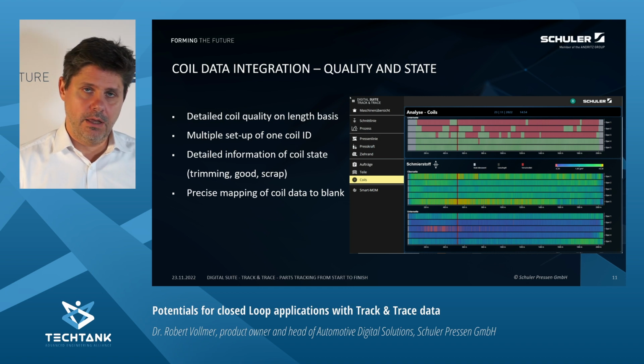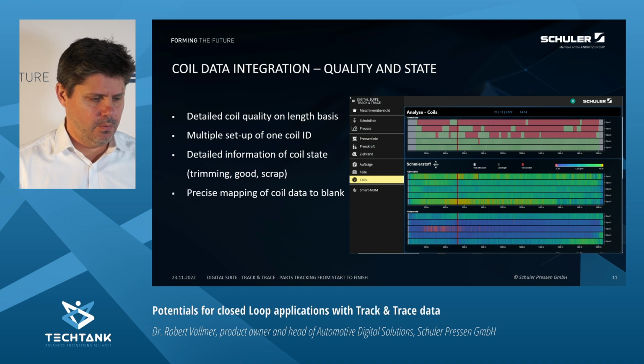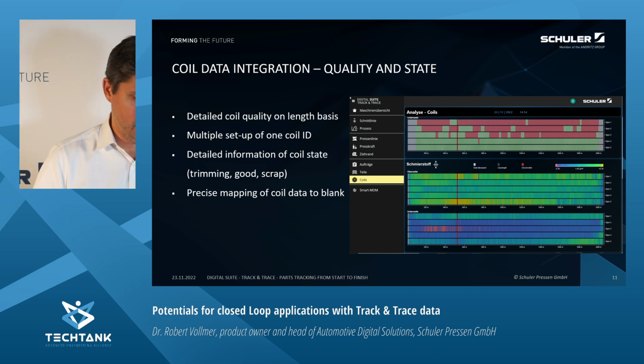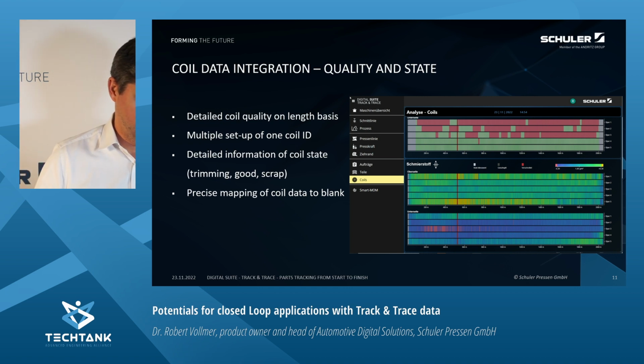We can add some really important functionality like the information of the state of the coil. That means which part of the coil was trimmed away at the beginning, for example, which is the good section of the coil, or are there sections which are scrapped afterwards, so that you also get a balance of how you use your coil material in total.